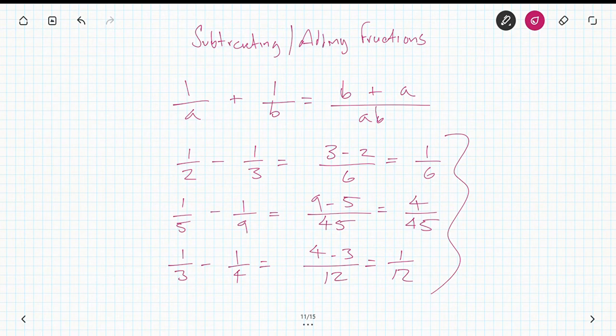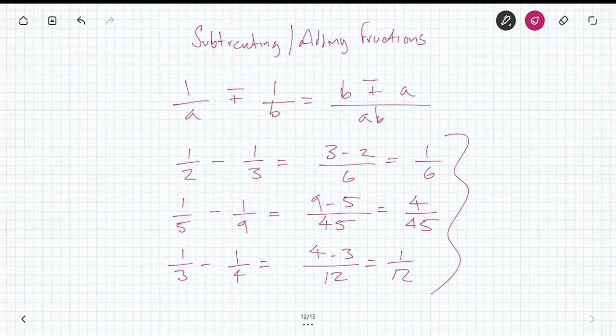This is just a shortcut, so use that freely, but we're going to use this concept for our definition of the derivative. It just makes things a lot easier. One of the things I forgot to mention is this is 1 over a plus 1 over b, and all these are subtractions, but essentially you can use this convention for adding or subtracting. Okay.